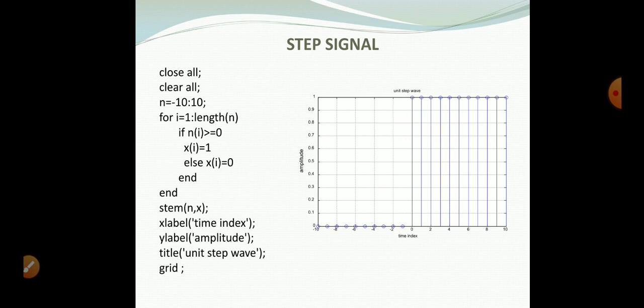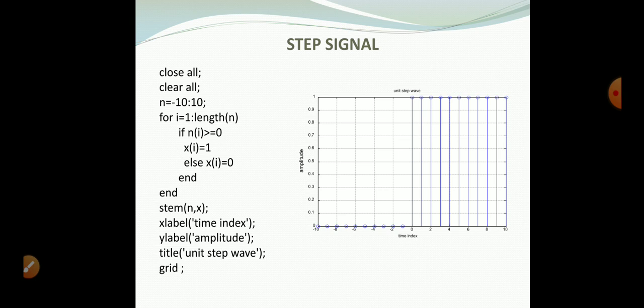To represent the x label and y label, here the x label is time index. We can see that on the x-axis we mark time index, and for the y-axis, amplitude is represented. To name this figure, we can give the title as unit step wave. One more function is grid.